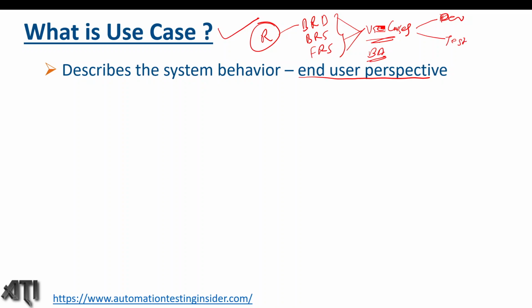Developer will use those use cases and design their system and implement the requirements, because the system behaviors are defined in the use cases. Similarly, testers will use those use cases to derive the detail level test cases from those business use cases. So this is the flow, guys, and let's talk more about use cases.